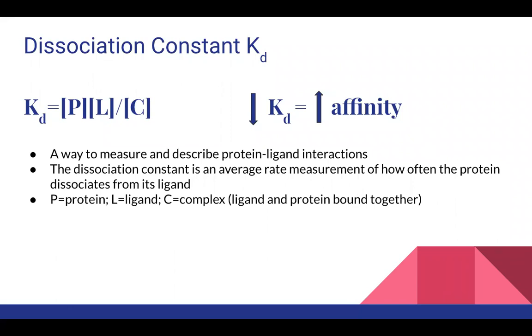I don't think you need to actually ever calculate KD, but just so you know, KD is equal to the concentration of protein times the concentration of ligand, all divided by the complex, which is just the ligand and protein together. A good thing to know is that KD is inversely related to affinity. So if you have a high KD, you have a really low affinity, and if you have a low KD, you have a really high affinity.